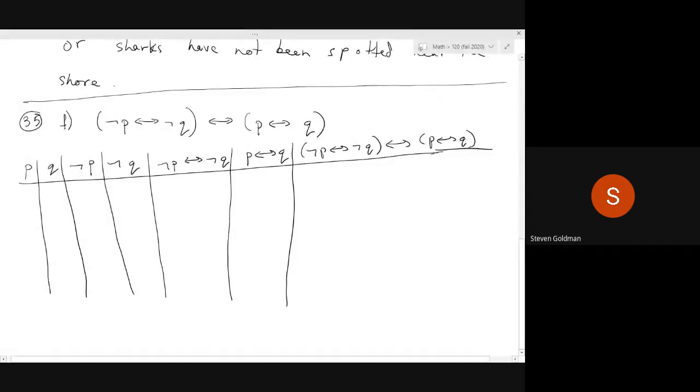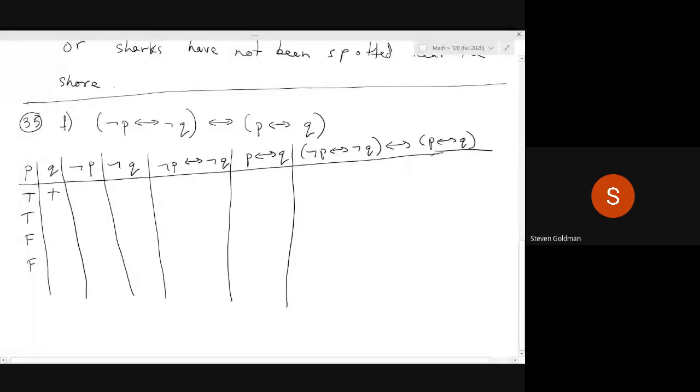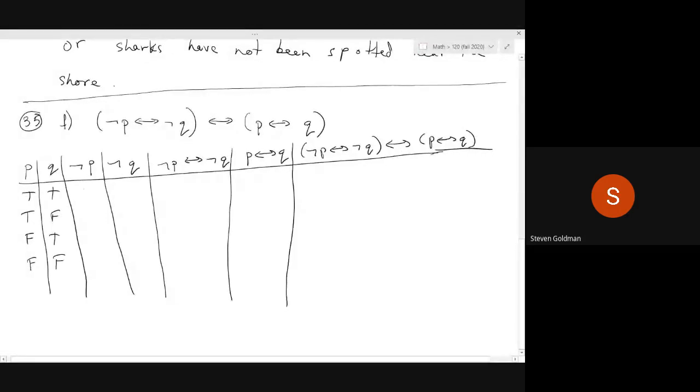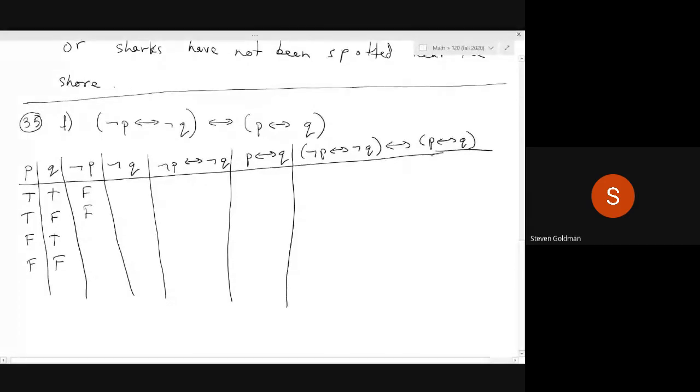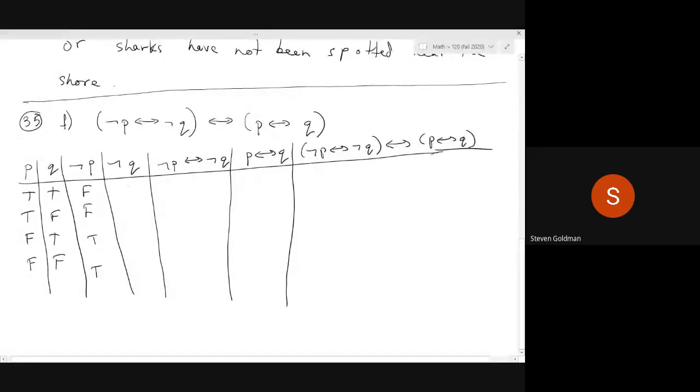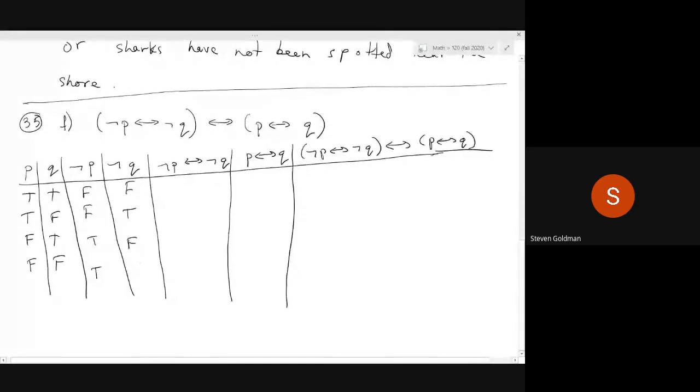Let's plug in everything. We start the same way as always. True, true, false, false. True, false, true, false. For not P, false, false, true, true. For not Q, it will be false, true, false, true.